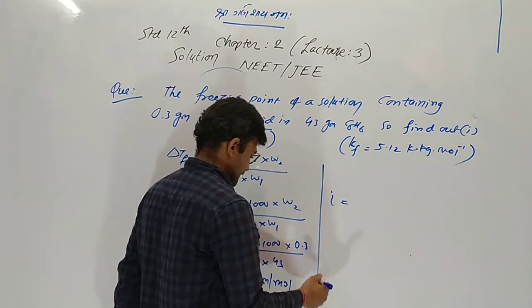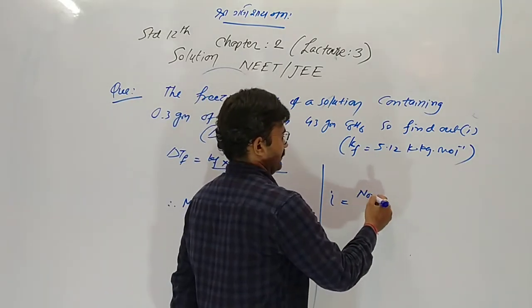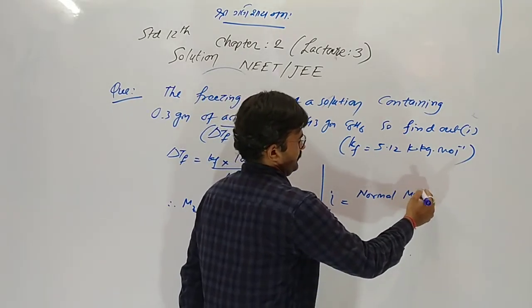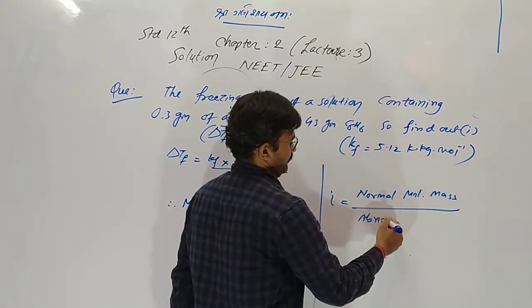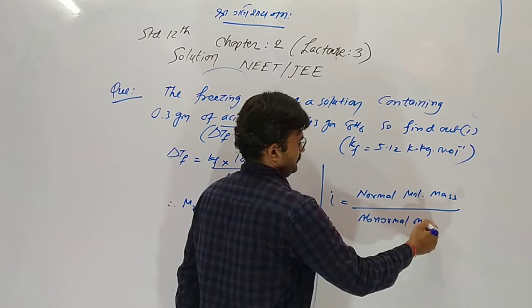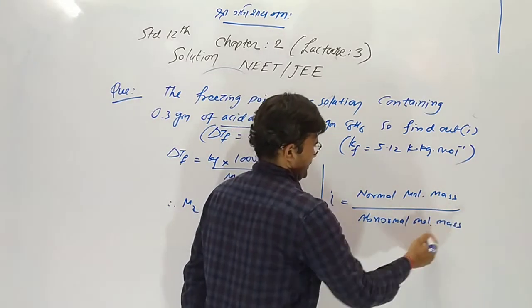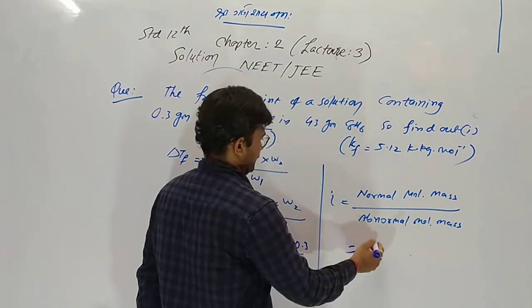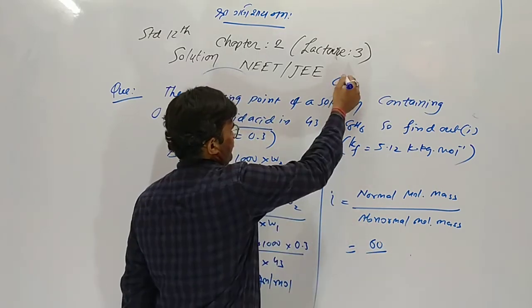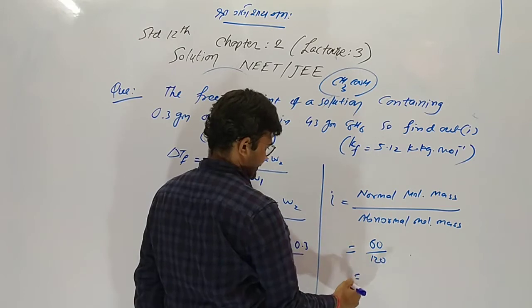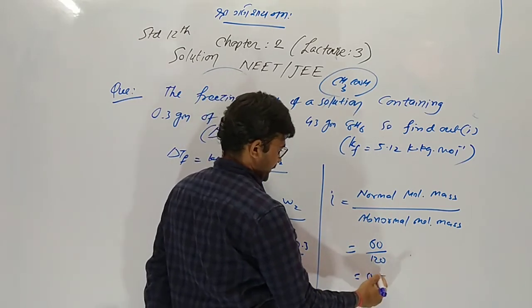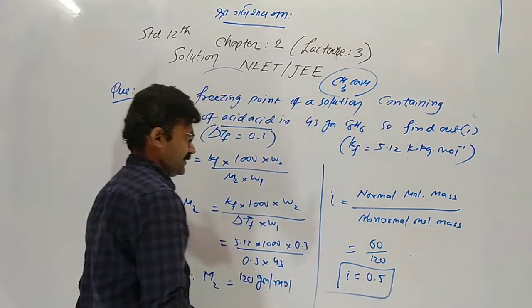So we know i is equal to normal molecular mass upon abnormal molecular mass. Normally 60, derived 120. So 0.5 is our answer.